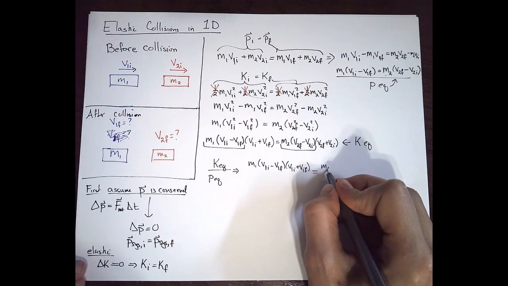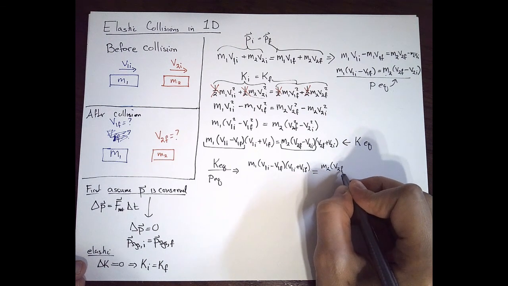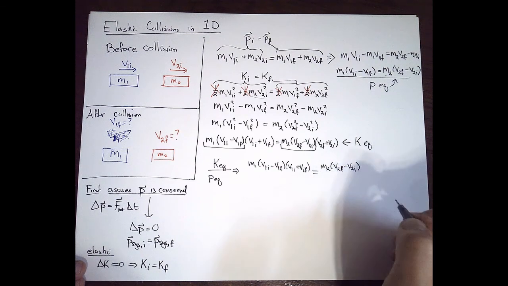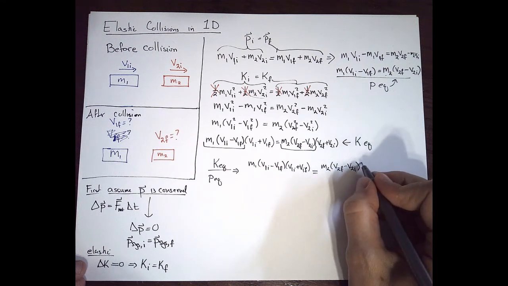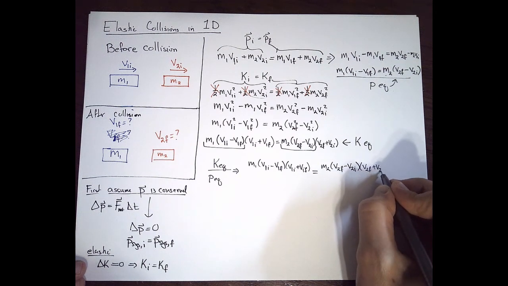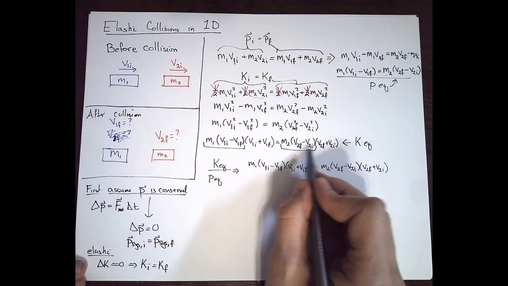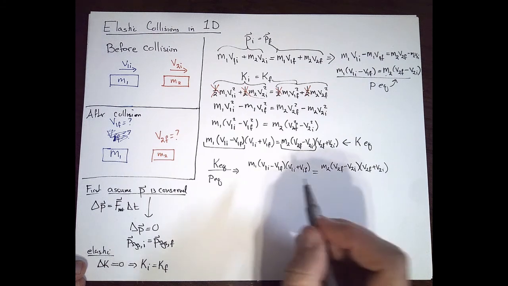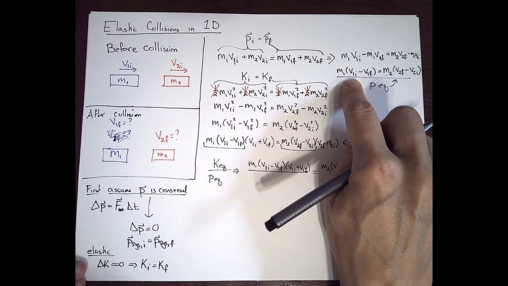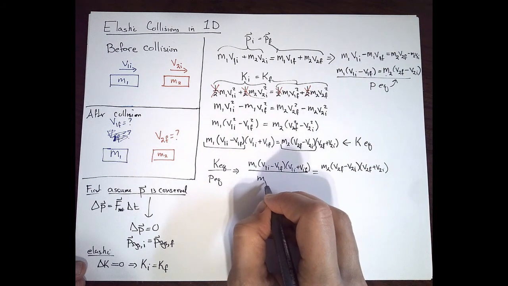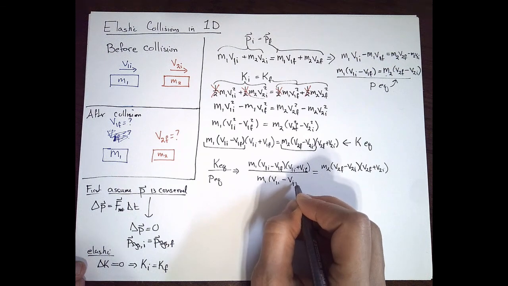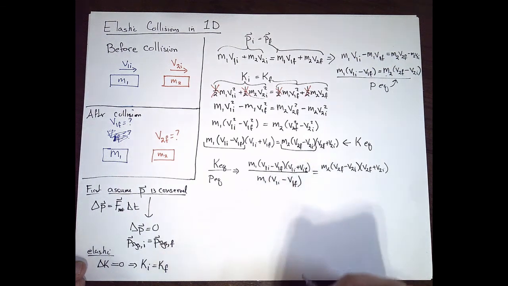The other side is m2 times v2 final minus v2 initial, that quantity times v2 final plus v2 initial. That's the other side of my kinetic energy equation. And now I'm going to divide it by my momentum equation. So I'm dividing this side by m1 times v1 initial minus v1 final.